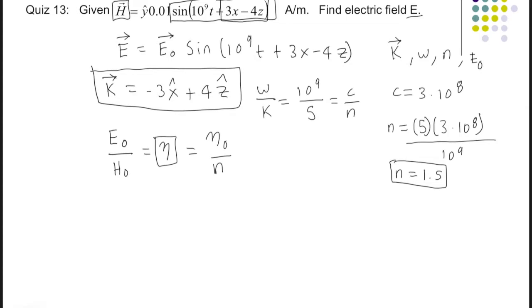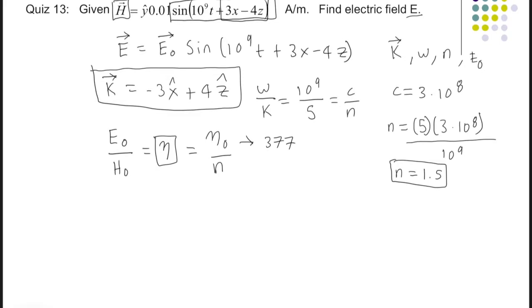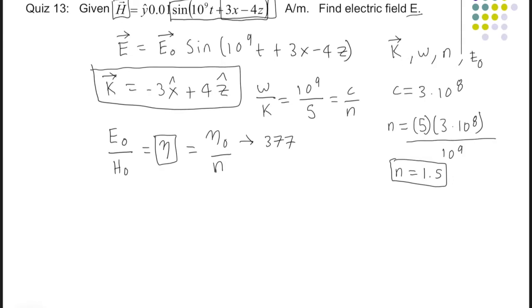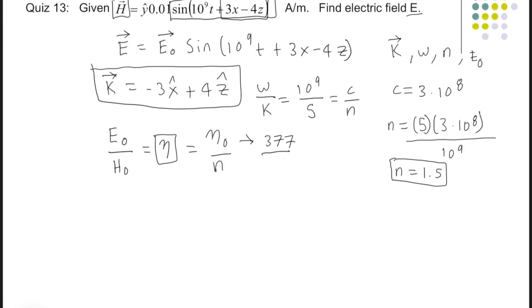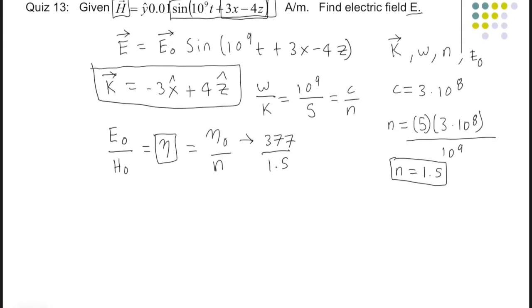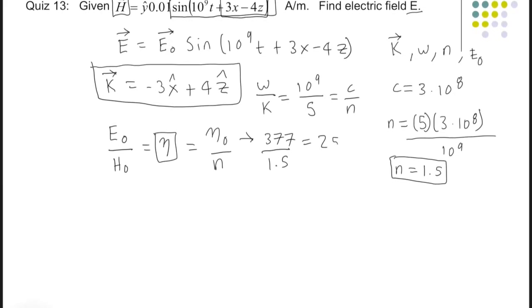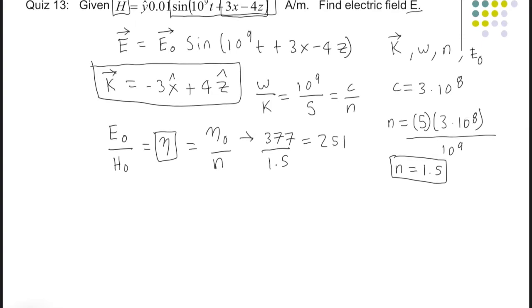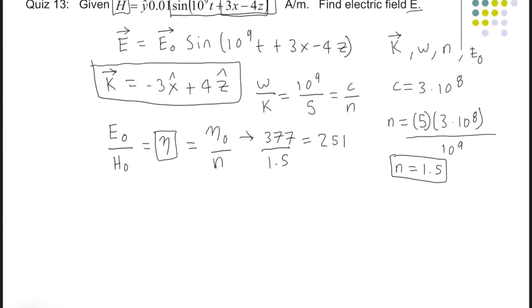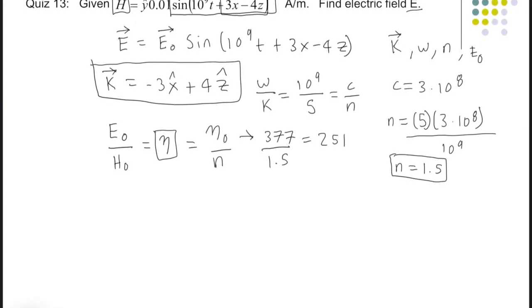Eta naught is equal to 377. So this will always equal 377 no matter what problem you're doing for plane wave electromagnetics. And we have our value of n, which is 1.5. So if we calculate this out, we get 251. And then we have to solve for E naught because we're doing electric field.